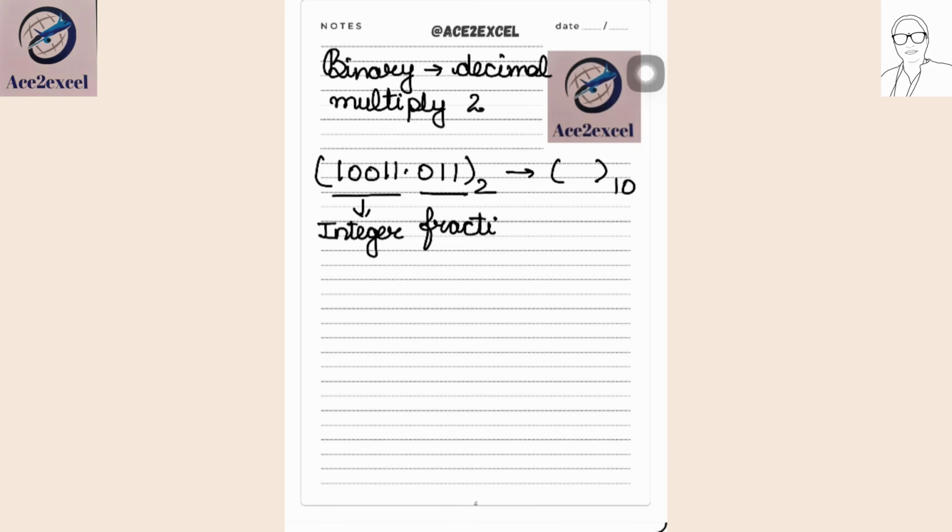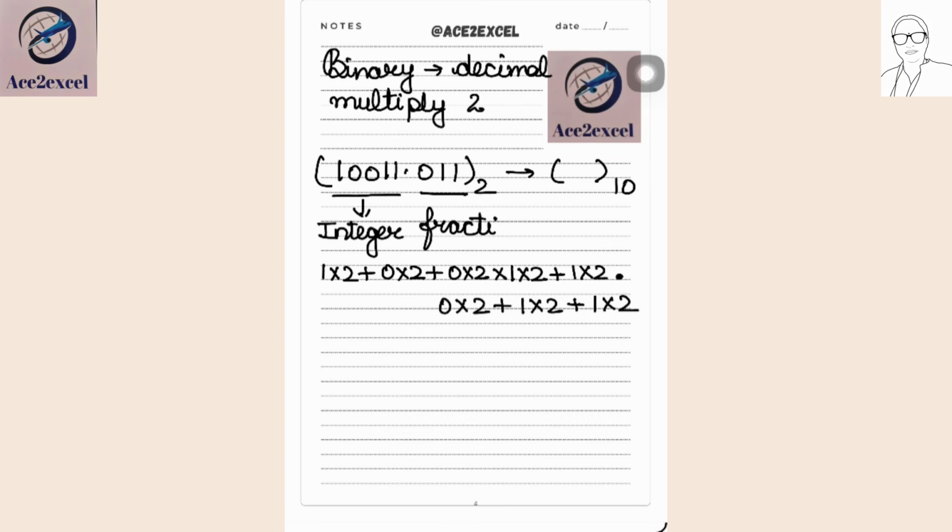Let us start solving it. You will multiply every binary digit with a power of 2. And the multiplication will be similar before the dot as well as after the dot.